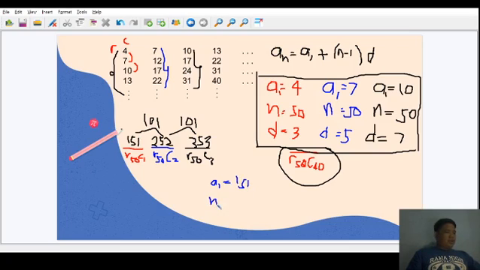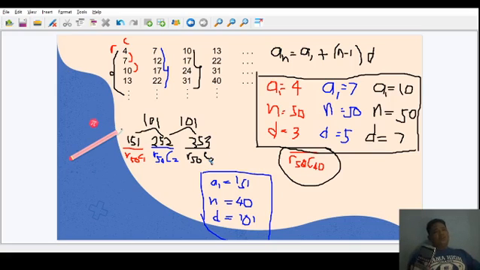Our N here is 40, because in row 50 we need to get the 40th term. The common difference is equal to 101. So take note of these particular values, because we are going to key them into our Casio graphing calculator so that we could now solve R50 C40.